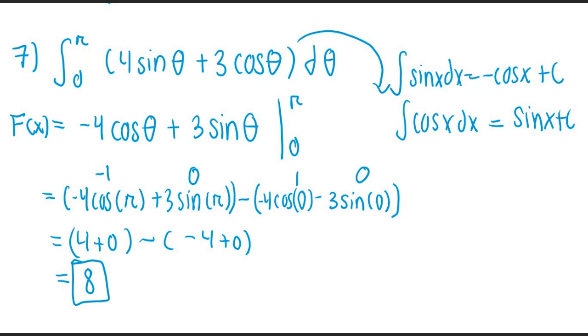Then we draw the bar and evaluate the function at the upper and lower limit. We get negative 4 cosine pi plus 3 sine pi minus negative 4 cosine 0 plus 3 sine 0. Then we get 4 plus 0 minus negative 4 plus 0, and that gives us 8. That's it. Great. Thank you, Kaiser.